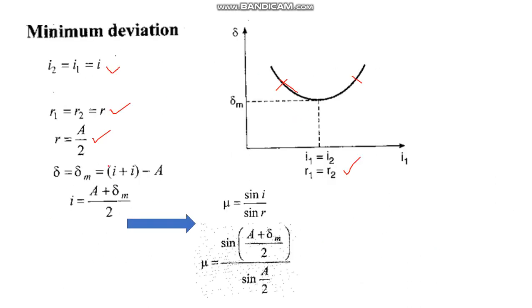Both I1 and I2 are the same here, so it becomes 2I minus A. When you rearrange, you can find for which value of incidence you get the minimum deviation, and that is I is equal to A plus delta M divided by 2. So you can apply Snell's law, you know the value of I, you know the value of R, and this is what you get as an equation. So this is the condition for minimum deviation.